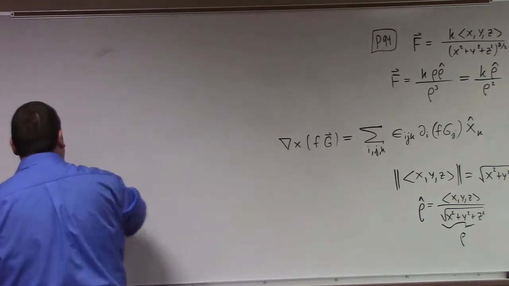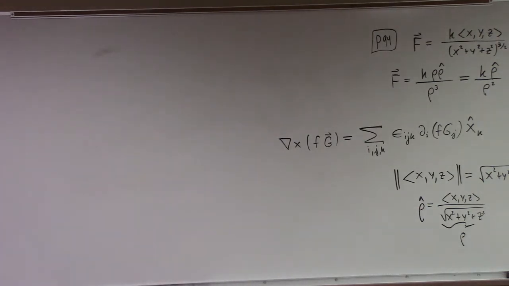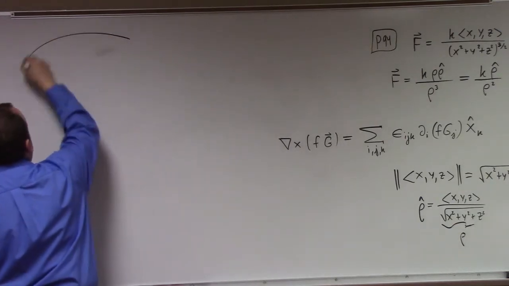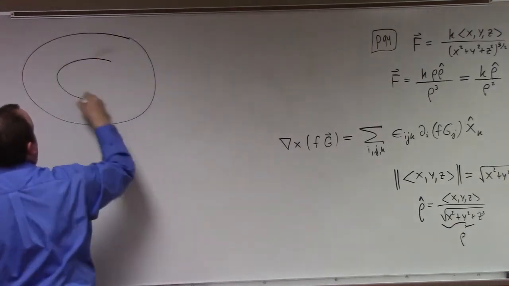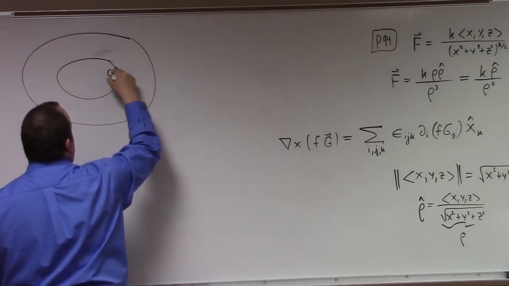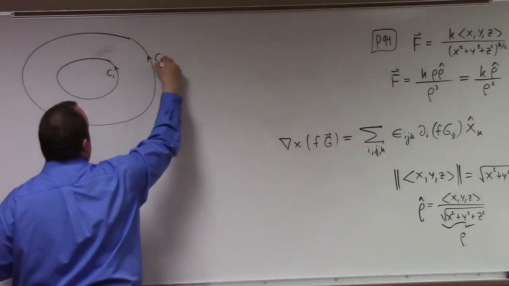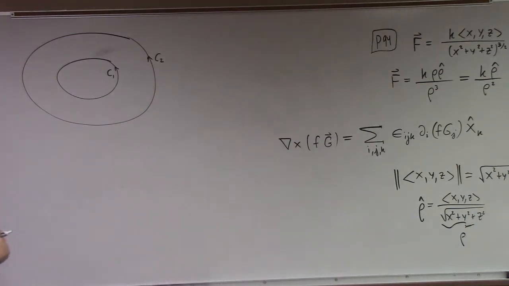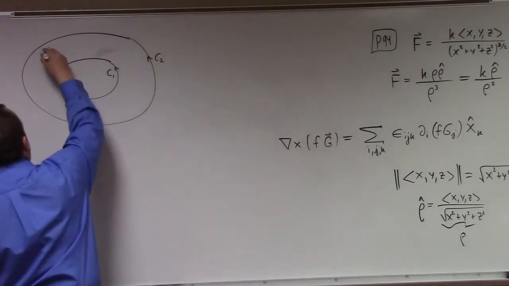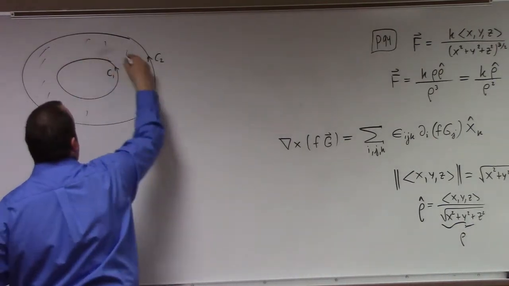So I have in mind the case that we're looking at. We've got two curves, all right? And let's just, for the sake of discussion, say that they're both counterclockwise oriented, C1 and C2, right? And I want to focus our attention on the region between them, right?